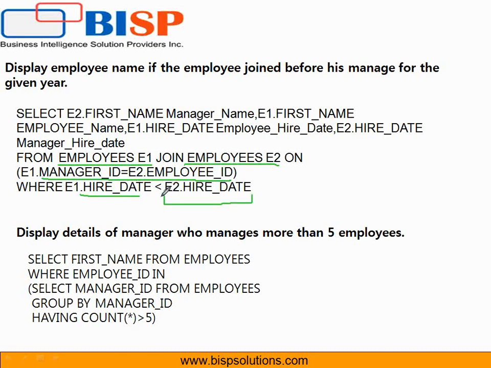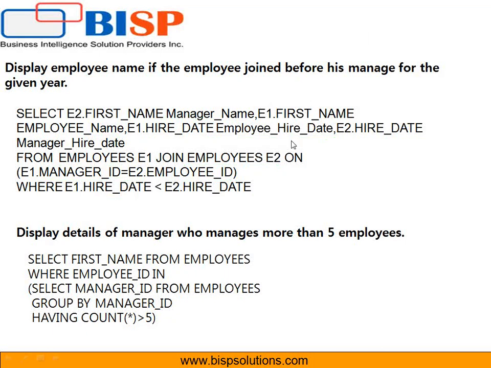So I've made it over here: the employee hire date is lesser than the manager hire date. And here I'm going to display manager name, employee name, and other details of employee, their hiring details, and so on. This is one way of solving this problem.